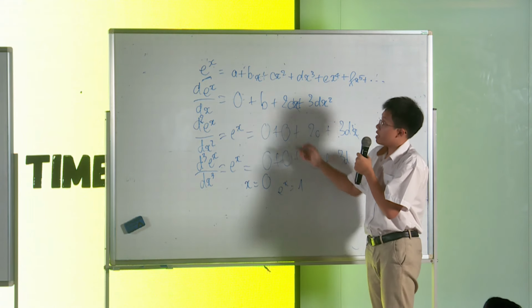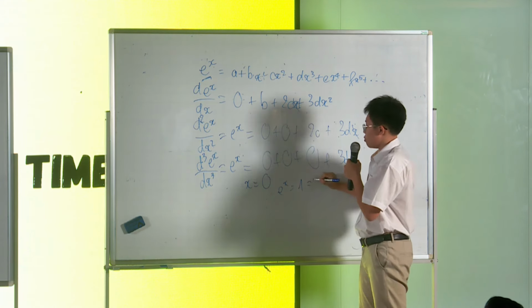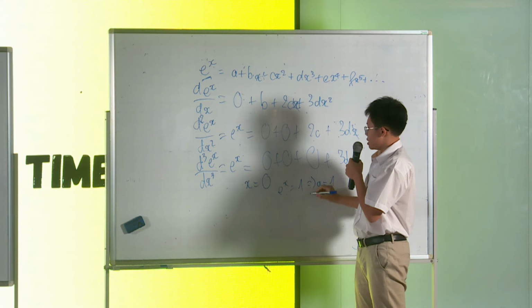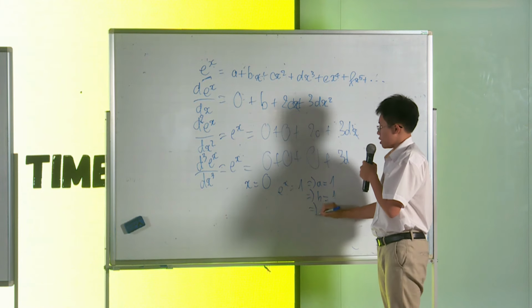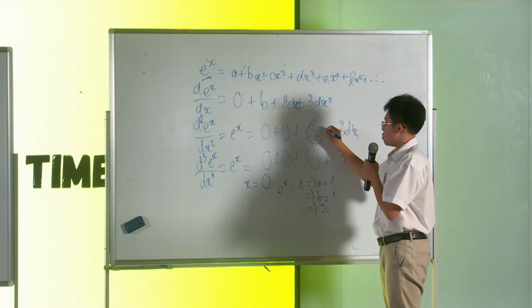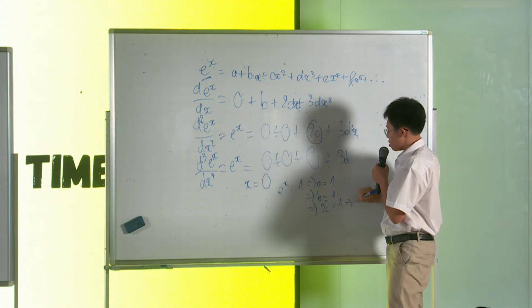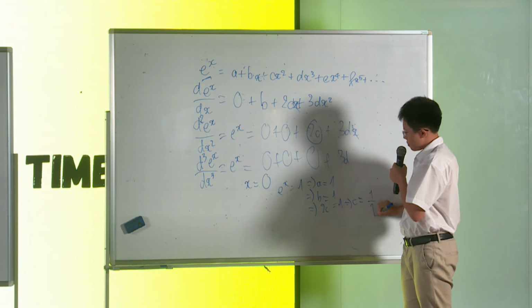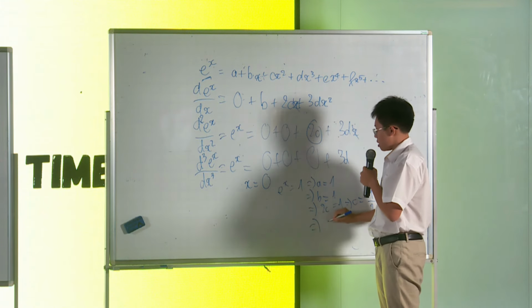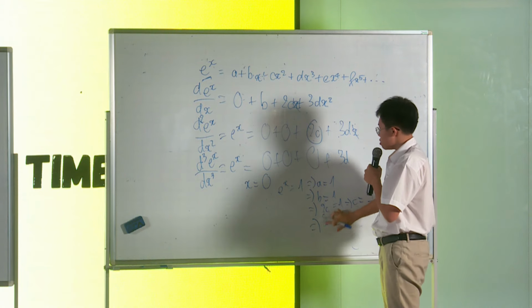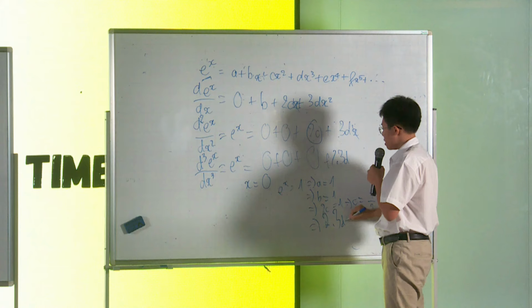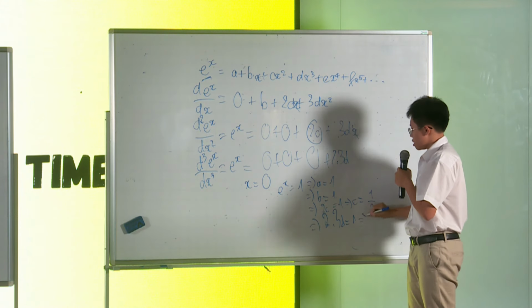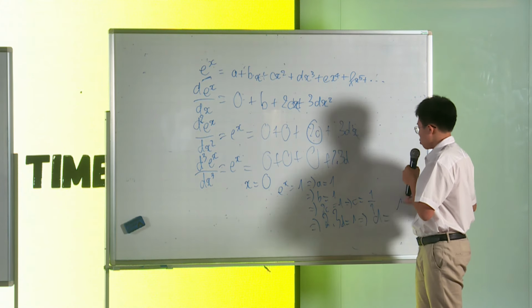So that means that in the first function, a would be 1. For the second function, b would be 1. For the third function, 2c would be 1, which means c would be 1 over 2. And for the fourth one, 2 times 3d would be equal to 1, which then means d would be equal to 1 over 3 factorial.